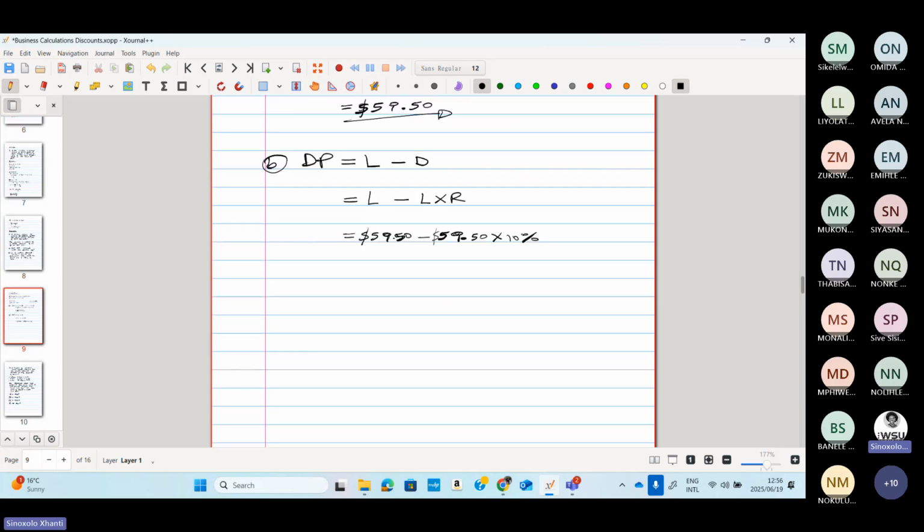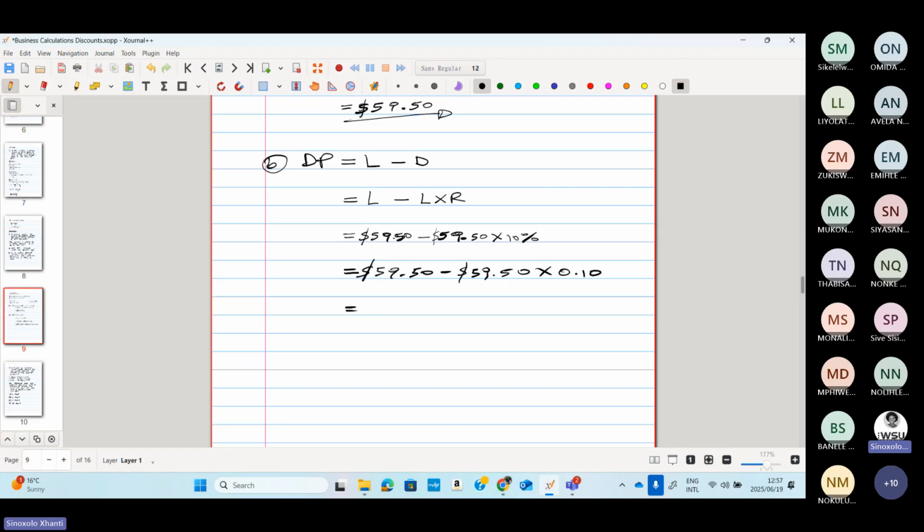So now that we're having that 10%, you can clearly see that you can just punch in your calculator and get the numbers. Some calculators can just have this percentage. Those who don't have, you can just convert it. You know how to convert it because 10% is the same as 0.10. Move the decimal point a couple of places.